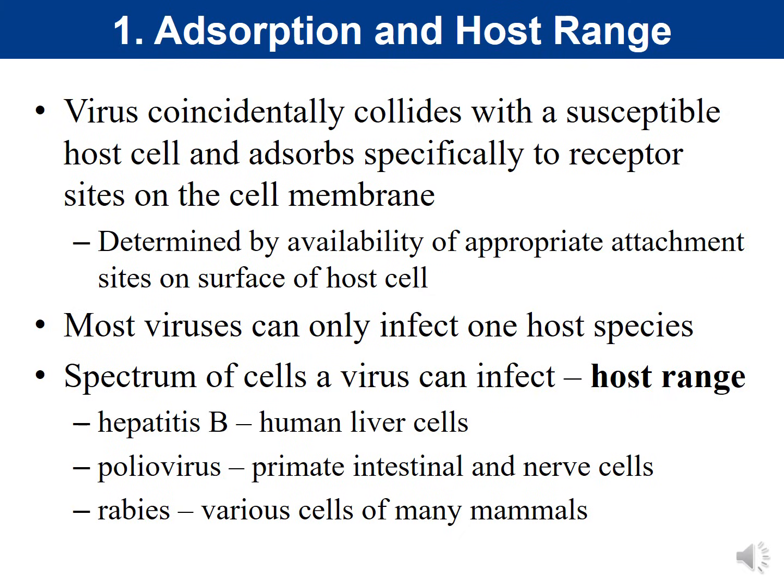If you remember, we talked about for HIV that some people are naturally resistant to HIV. The reason for that is that those people who are resistant have a mutation in their receptor on their T cells. T cells are the type of cells that HIV infects. In patients who are resistant to HIV, the mutation affects the receptor so that HIV can't bind to and infect those T cells.